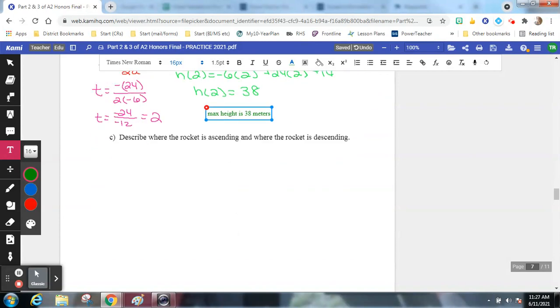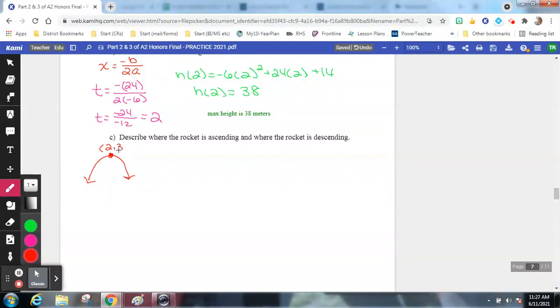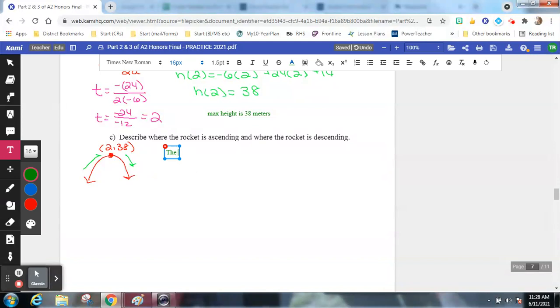And lastly, part C, describe where the rocket is ascending and where the rocket is descending. Well, visually, I know that's a max. So that means my graph is going to look like this. I know that this is the graph, maxed height. So looking at it, I know I'm going up first and then I go down. So where is it ascending and where is it descending? Well, the rocket ascends for the first 2 seconds to a height of 38 meters.